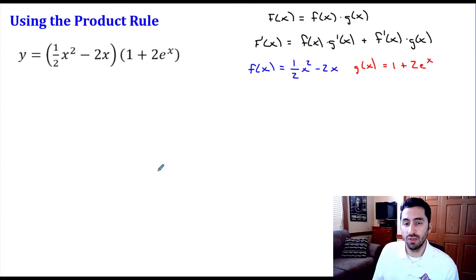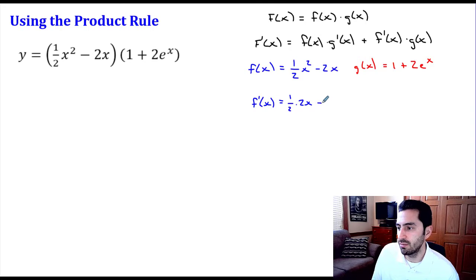So now, kind of separated out, these are easy enough to find the derivative of. We have any number of rules that we can use. For example, in f of x, we can use the power rule, and we're also going to be using the difference rule to find the derivative here. So f prime of x. For the first term, we're going to have our 1/2, that coefficient, and then the derivative of x squared is 2x.